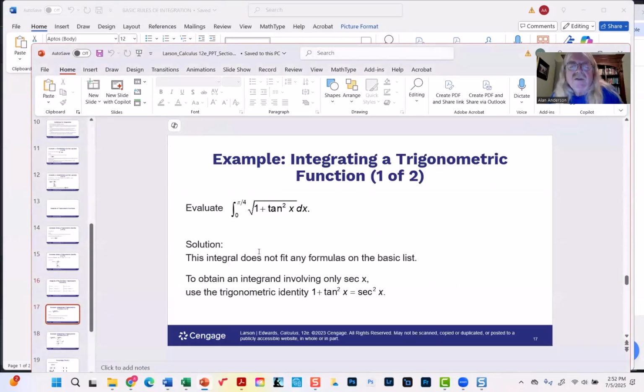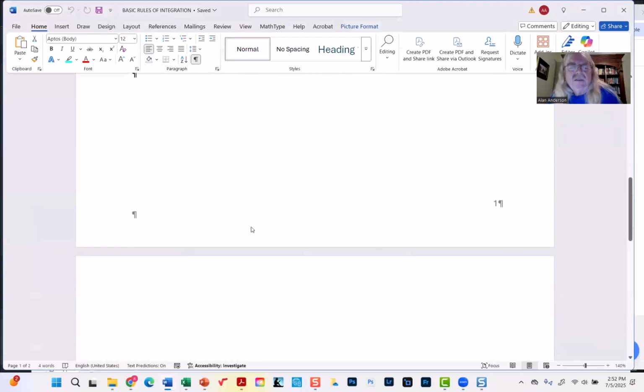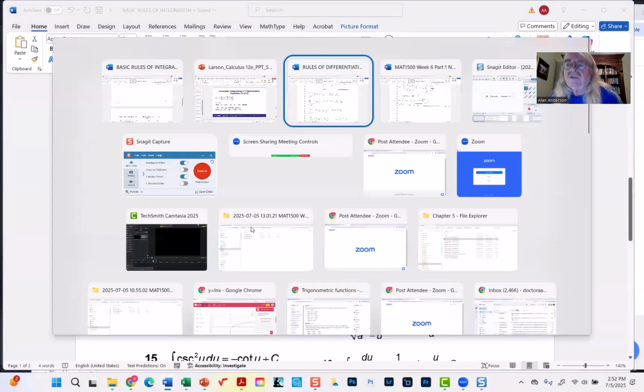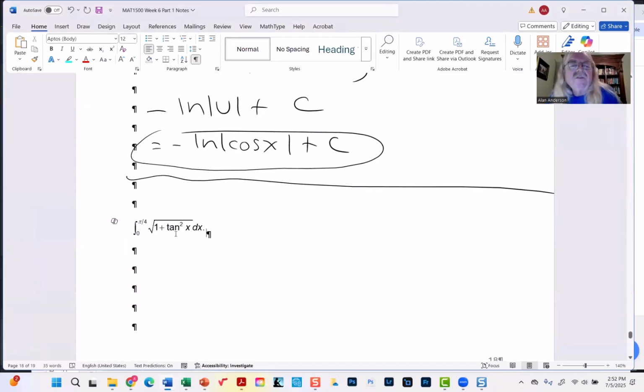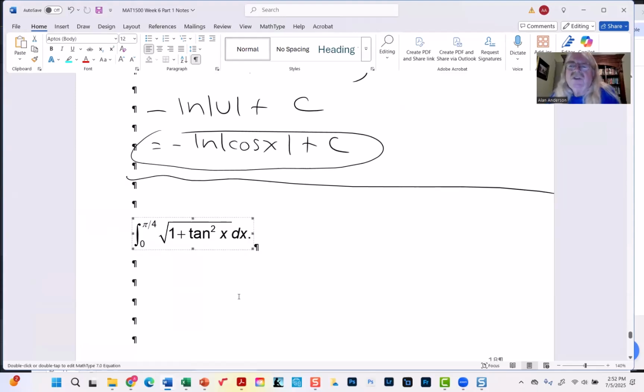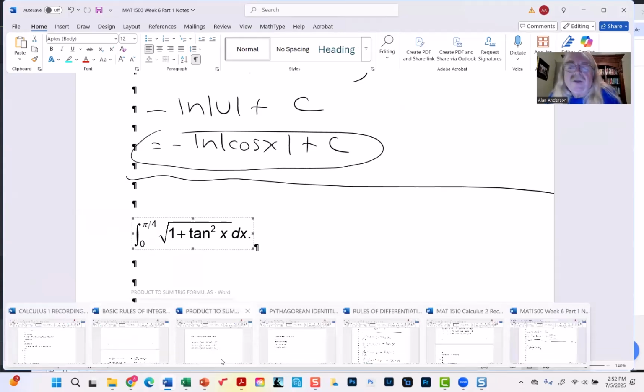Now here what they're doing is giving us a case where we may need the Pythagorean identities. Luckily I also have a list of Pythagorean identities in that tables folder, so you can go look them up again if you've forgotten. As soon as you see 1 plus tangent squared or secant squared or whatever, you might be looking at a Pythagorean identity.